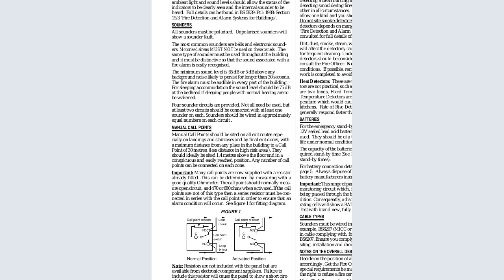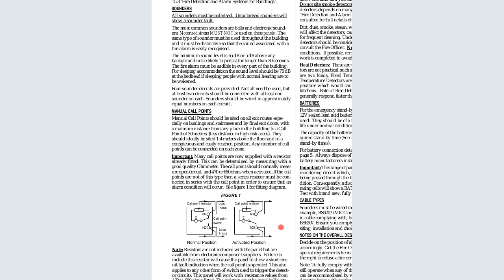I think we had talked about that. 4 sound circuits are provided. Not all need to be used, but at least one circuit should be connected with at least one sounder on each. Sounders should be wired in appropriately equal numbers on each circuit, meaning each circuit needs to have at least one sounder.